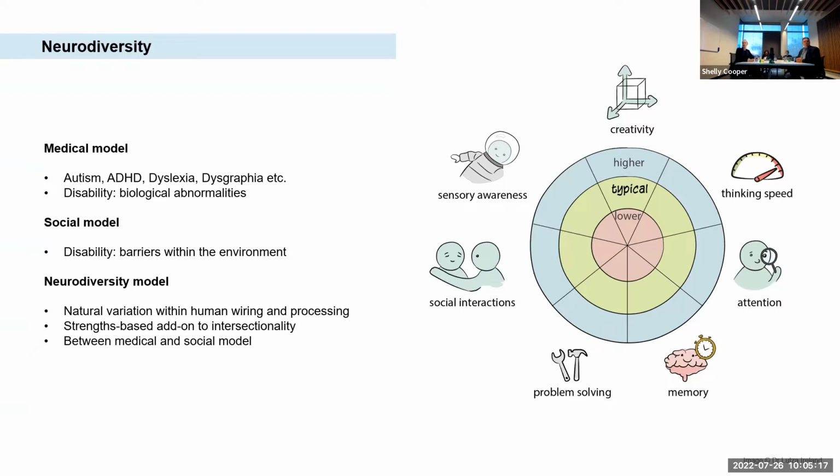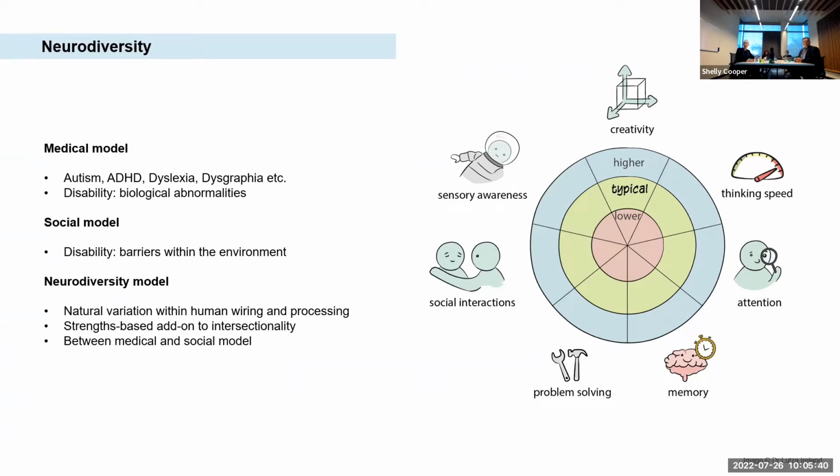So as much as we have differences within race, gender, ethnicity, religion, class, age, abilities, and so on, the way we are wired, process information, experience the world, the way we think, these are all natural differences. And that's something that we don't just have to accept, but we can actually celebrate it.